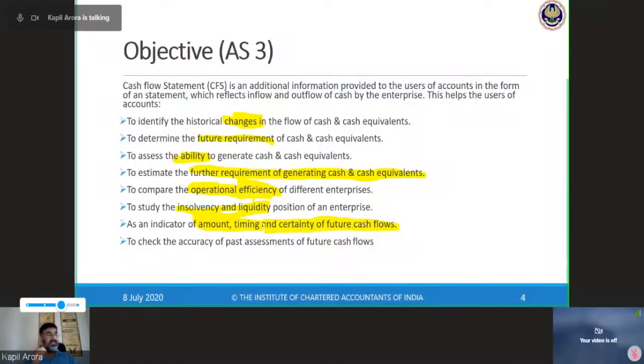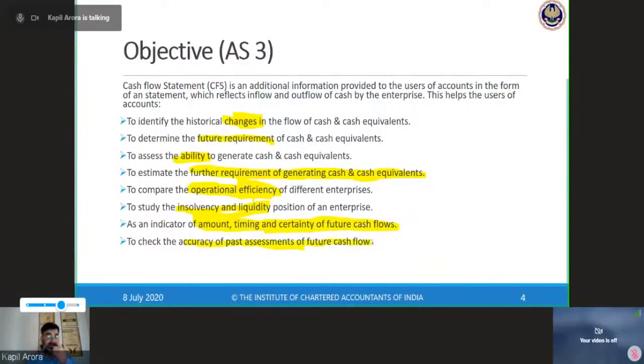I have just taken part of the loan. How the part of the loan which is still not taken can impact my future cash flows, that's something we have to look at. And to check the accuracy of past assessment of future cash flows.